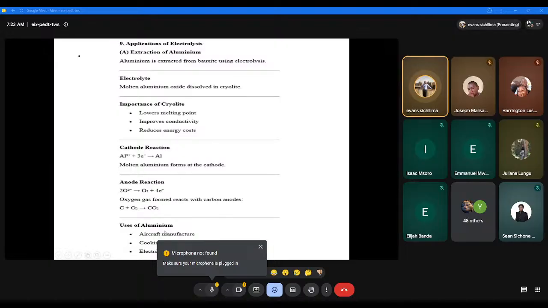We can also give a few uses of aluminium: in aircraft manufacture, cooking utensils, and electrical cables. For aircraft manufacturing, it is for the purpose of density. Aluminium has very low density.